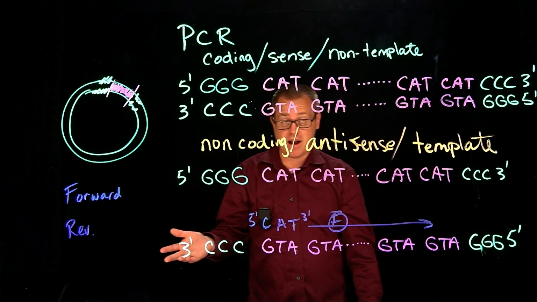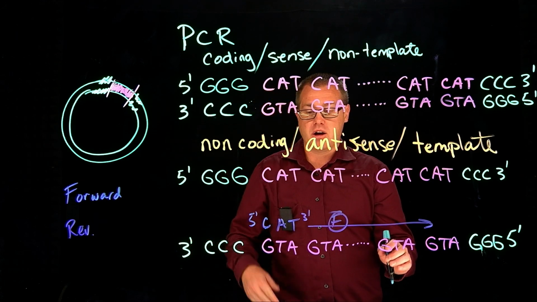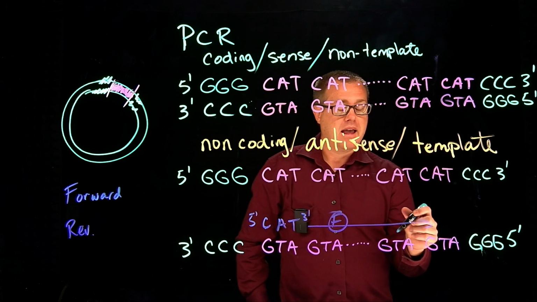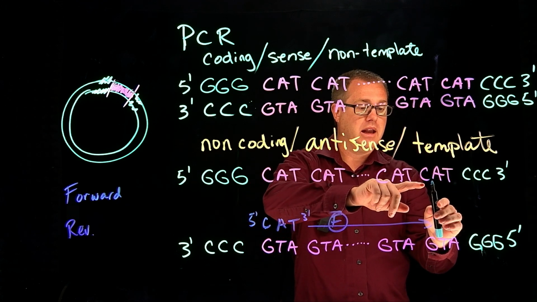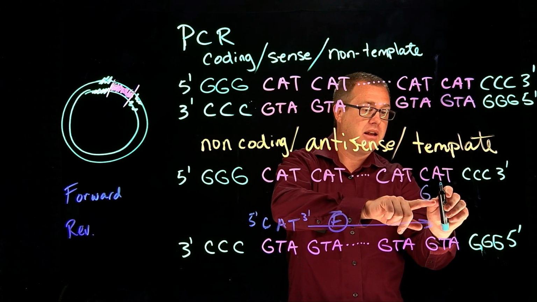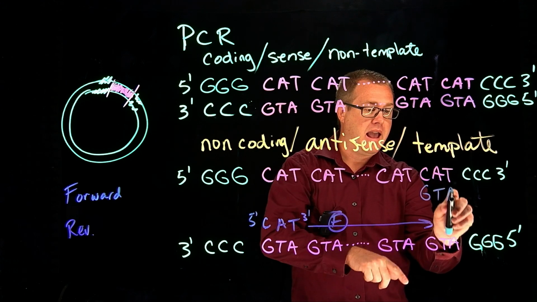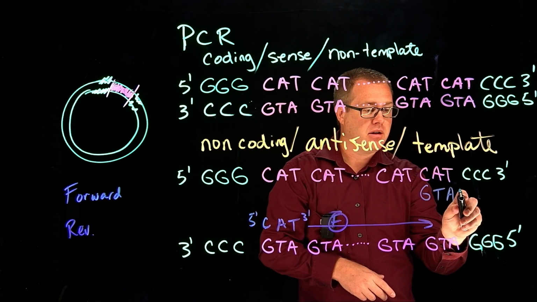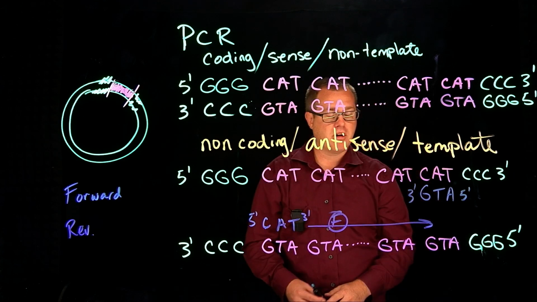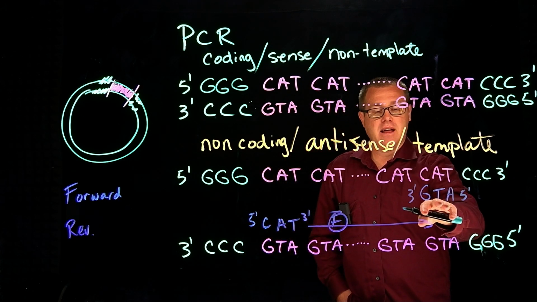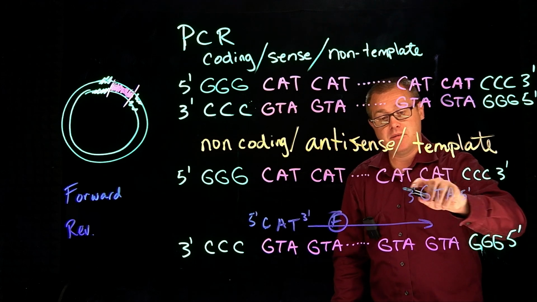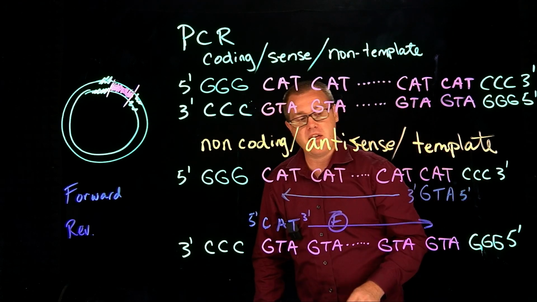Now the reverse primer, we're going to start on this end, right here. And the complementary, or the base pair here, C would have to be with G, A with T, T with A. And that primer is annealing in that direction, the 5' to the 3'. And so that primer is still going to be synthesized in the 5' to the 3' direction. So it's going in that direction.